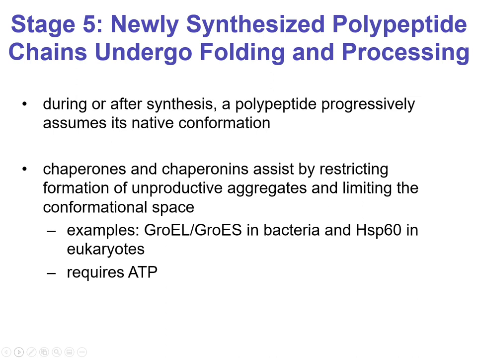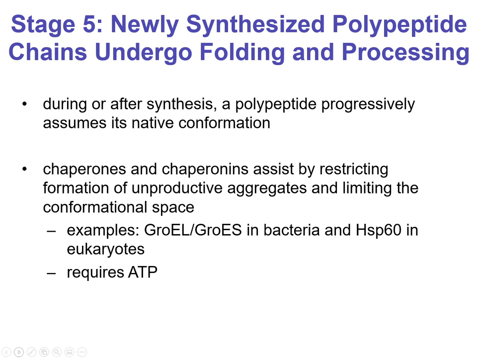Now, stage 5, we're talking about eukaryotes only, primarily. Yes, there's some modification in bacteria, but eukaryotes are the champs when it comes to protein modification and folding and changing things. So newly synthesized polypeptide chains have to undergo folding and processing.